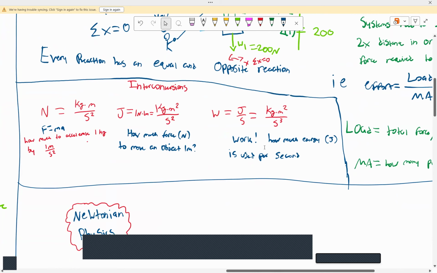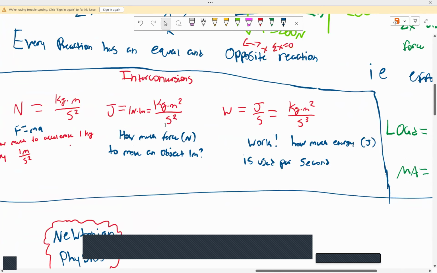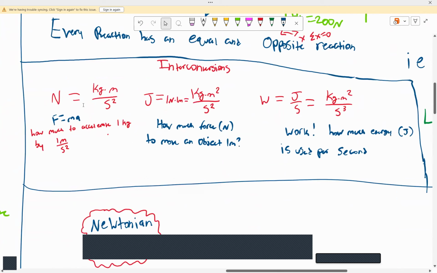And interconversions. This is also really important for Newtonian physics and physics in general. Like I was saying, if you can have your units cancel, then you're probably able to solve the equation, even if you don't know where to begin. So you have newtons equals kilograms times meters over second squared. So this is force equals ma: how much force to accelerate 1 kilogram by 1 meter per second squared.